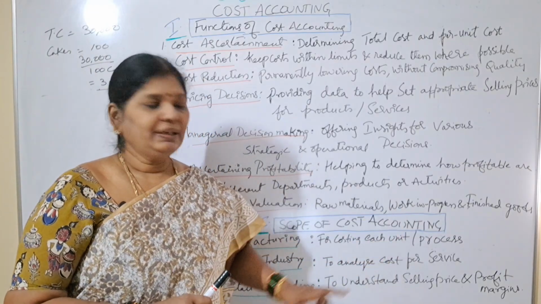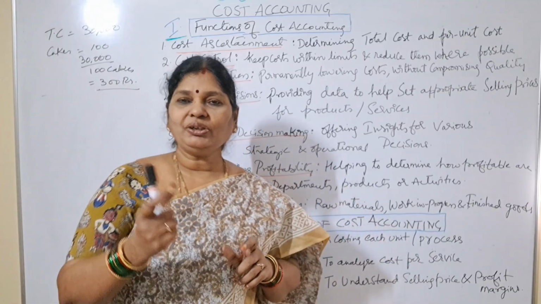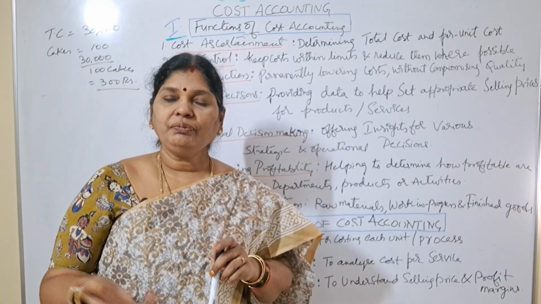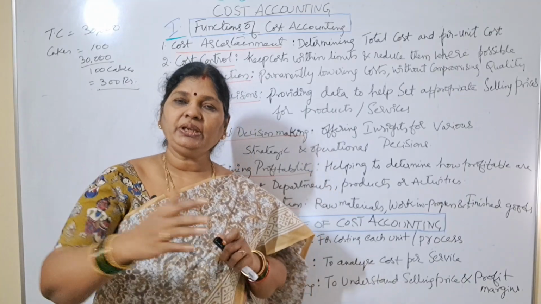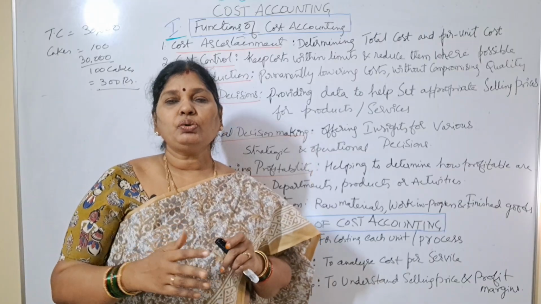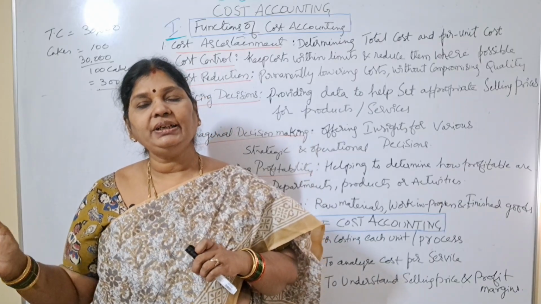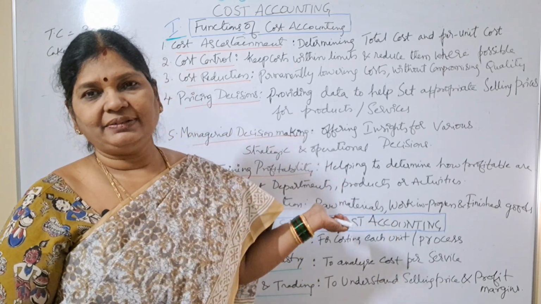And process. Here we'll take the example of coconut oil. For manufacturing coconut oil, we will not get coconut oil directly. Some process has to take place, right? In this total process, for each process, we can come to know how much cost we are incurring in our manufacturing industry.